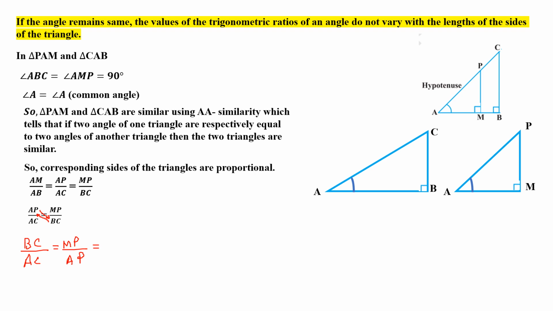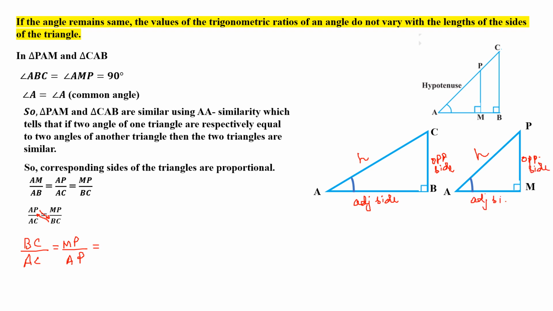And if you see the figure here, what is BC by AC? BC by AC with respect to angle A, if you see, this is the opposite side, isn't it? This is the adjacent side. And this is the hypotenuse, isn't it? Here also this is hypotenuse. This is opposite side. And this is your adjacent side.